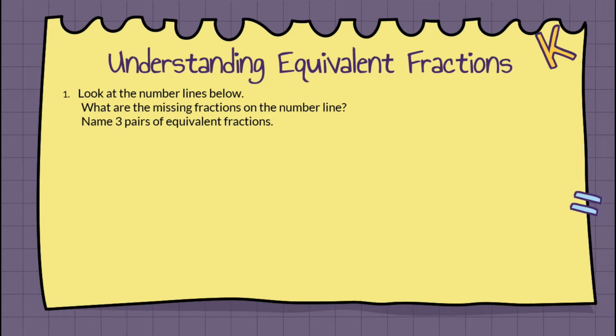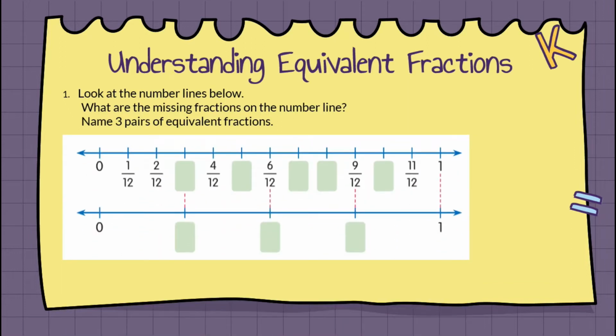Look at the number lines below. What are the missing fractions on the number line? Name 3 pairs of equivalent fractions. There are 2 number lines. The first number line consists of 12 dots.